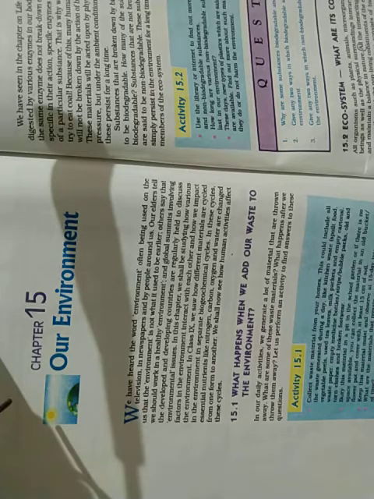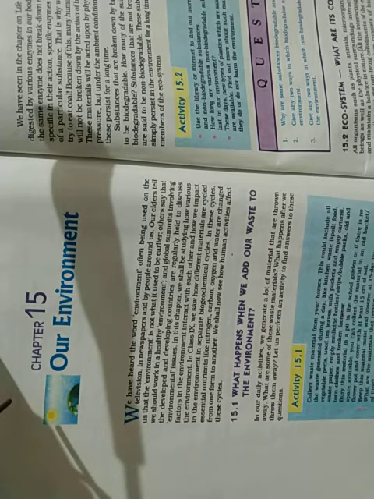Environment is everything that surrounds an organism and influences its life. Environment is very important, and it consists of two components: biotic components and abiotic components.